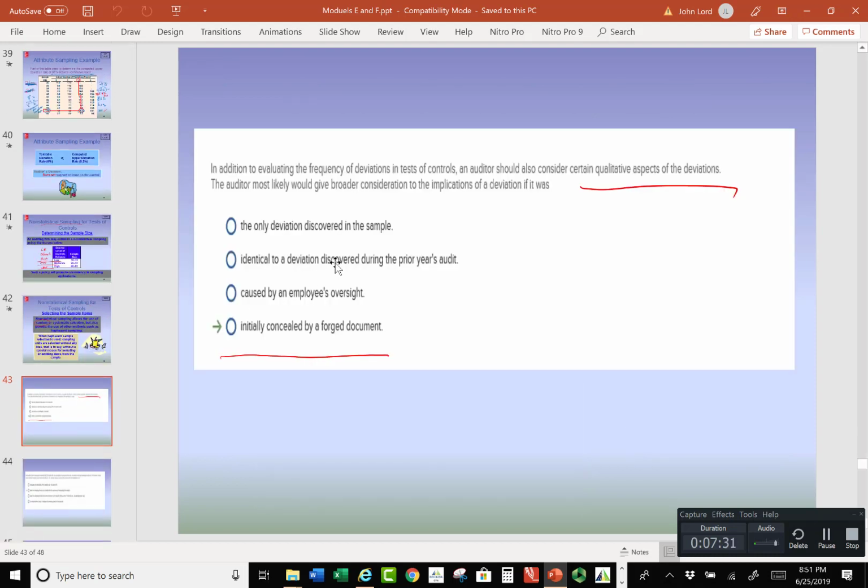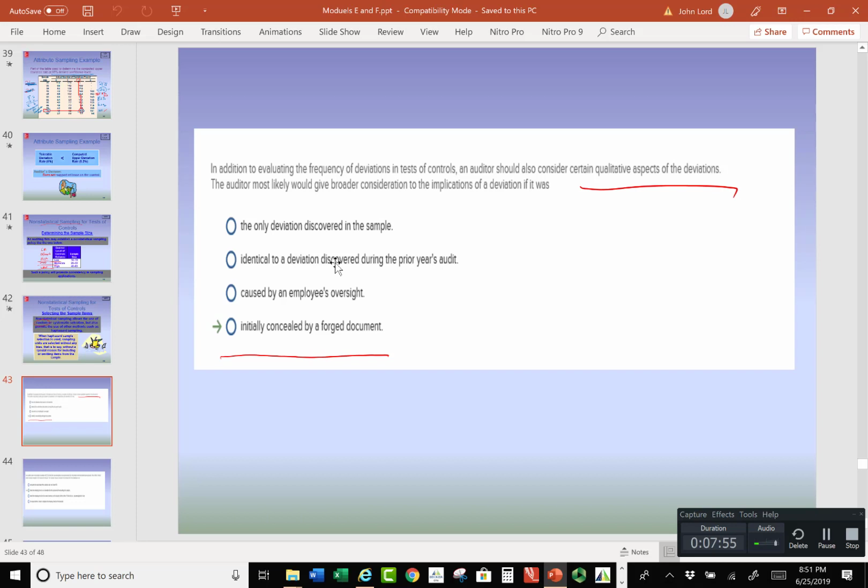So in addition to evaluating the frequency of deviations in tested controls, an auditor should also consider certain qualitative aspects of the deviations. The auditor most likely would give broader consideration to the implication of the deviation if it was the only deviation? No, if it's the only one, I'm feeling pretty good, right?